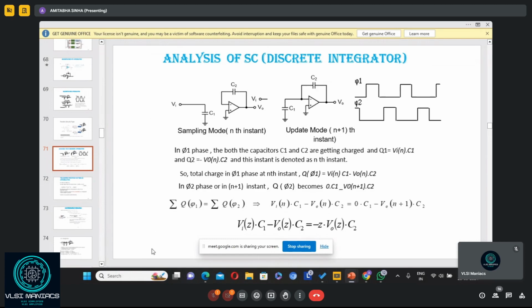Similarly, in the discrete domain, it will be y(n) in terms of x(n) and previous inputs x(n-1), x(n-2), etc. So in a continuous domain, we get differential equations in output and input.